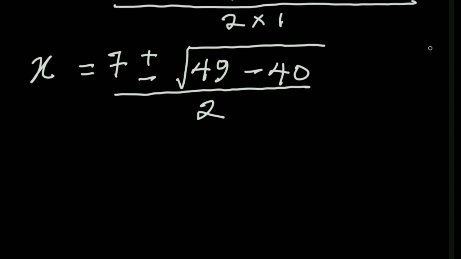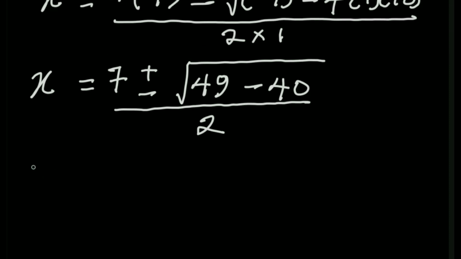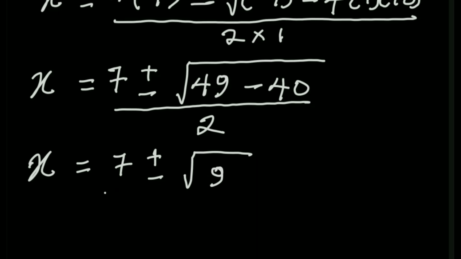So we can then get the value of x. x equals 7 plus or minus the square root of 49 minus 40, that's 9, divided by 2.